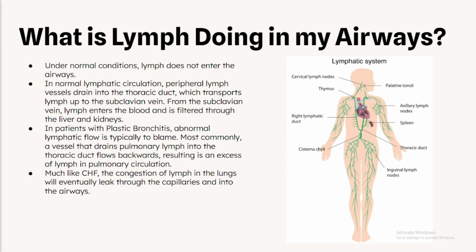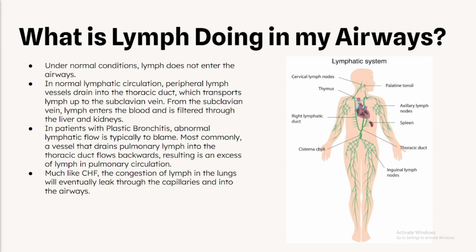The lymphatic vessels dilate, leak, and form abnormal channels called lymphatic fistulas that dump lymph directly into the lungs. Over time, this thickens and solidifies, forming bronchial casts. This also explains why this condition can appear suddenly, even months or years after heart surgery.